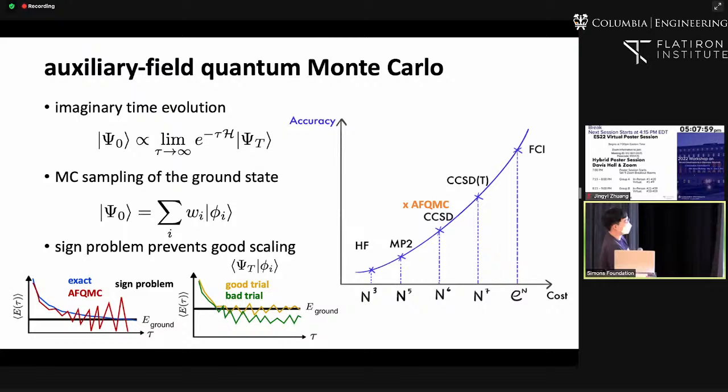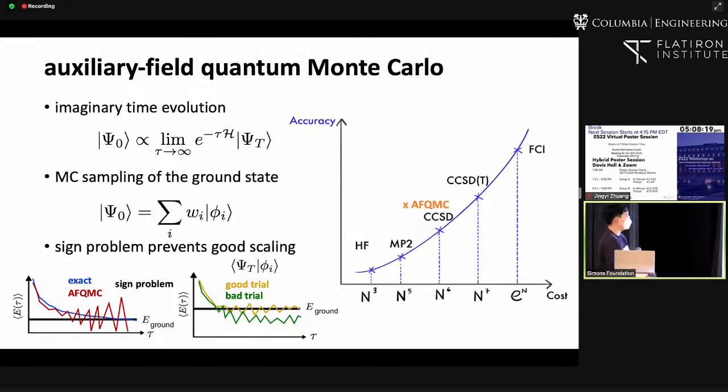But if you get unlucky and pick a bad trial, you can even get an energy that is lower than the exact ground state energy. It's a non-variational approach.